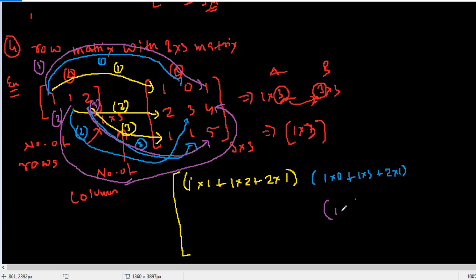So 1 directly multiplies with 1, and here 1 into 4 and 2 into 5.